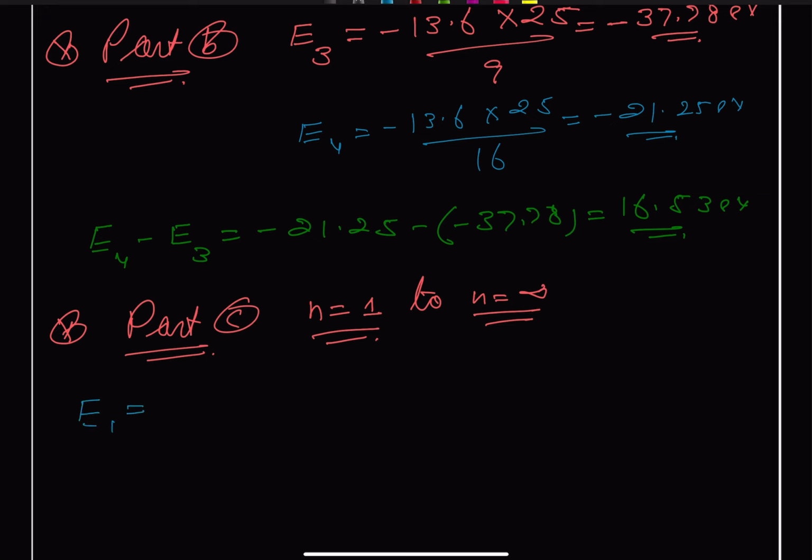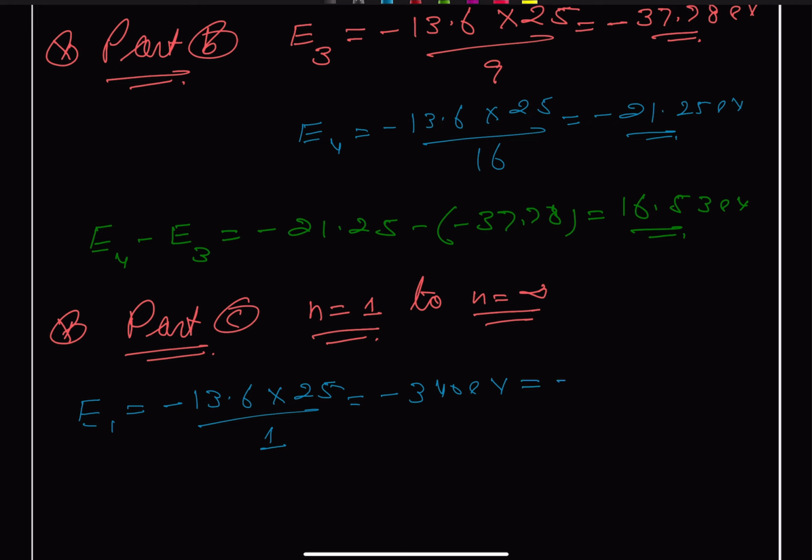E1 will be equal to minus 13.6, and Z is 5, so this comes as 25, and the value of n is 1. This gives us minus 340 electron volt. And we are going to convert this into joules.